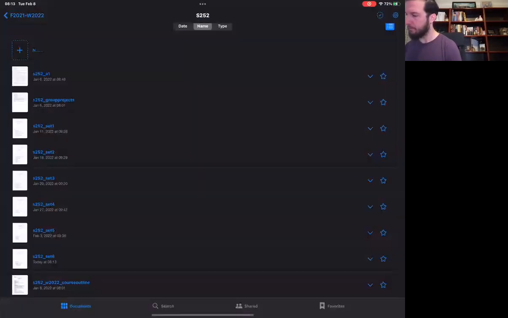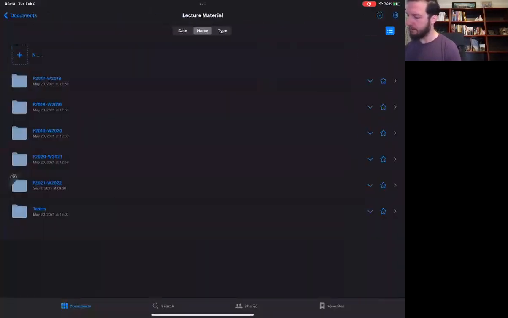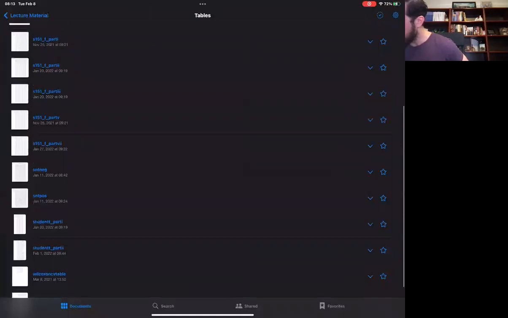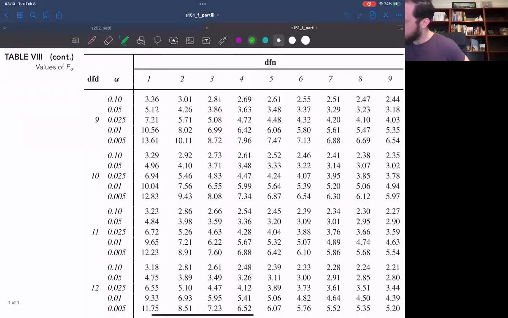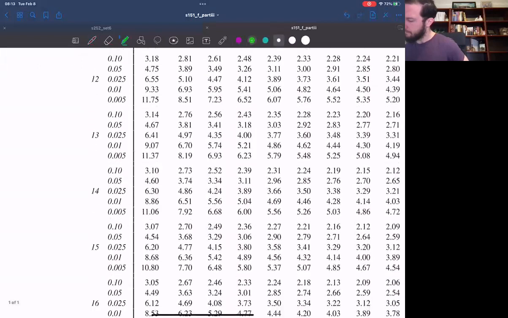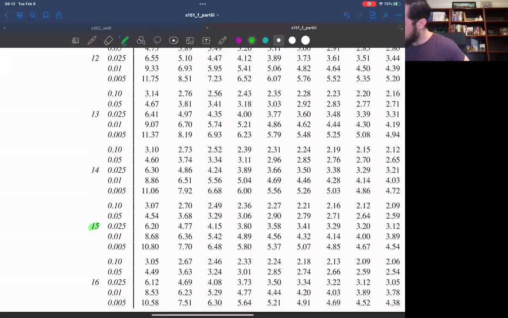All right, so if we pop open one of the F tables here, 3, 15, try this one. Okay, so here's 3. Here's 15, 0.05. So that gives us a critical value of 3.29.